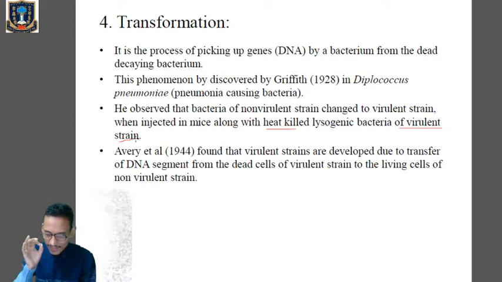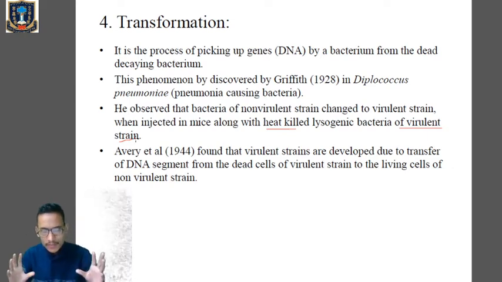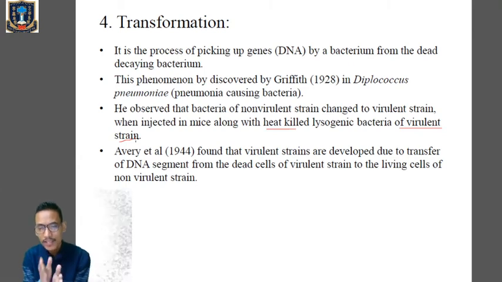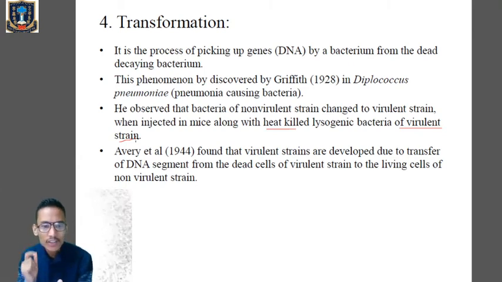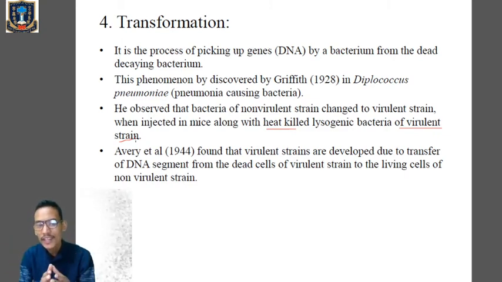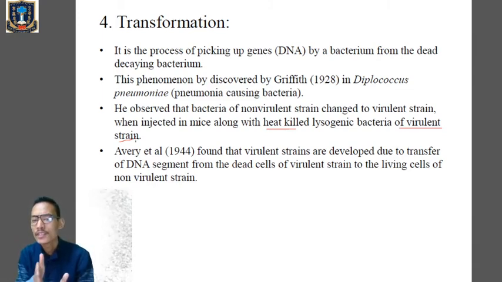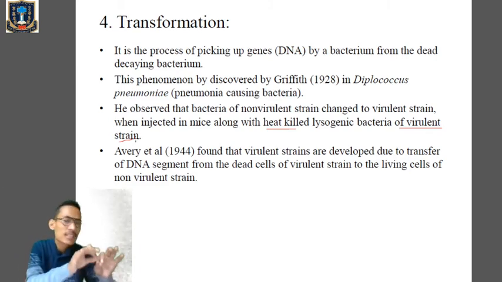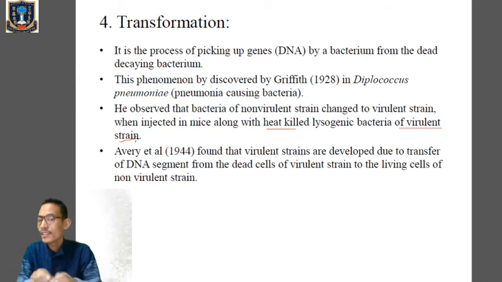Now, in the next step, he put the mixture. Listen very carefully. He put a mixture of heat killed virulent strain plus non-virulent strain. Now, when he injected both the strains separately, the mice did not die.